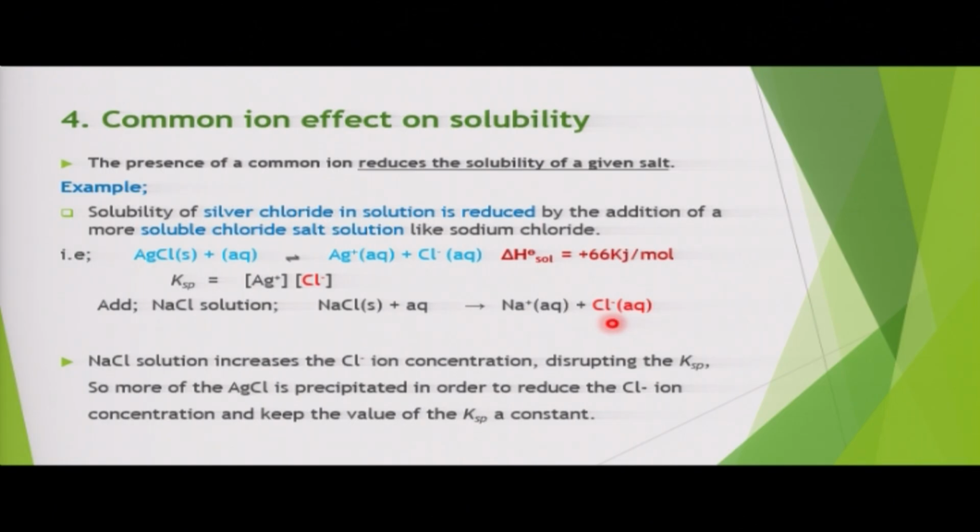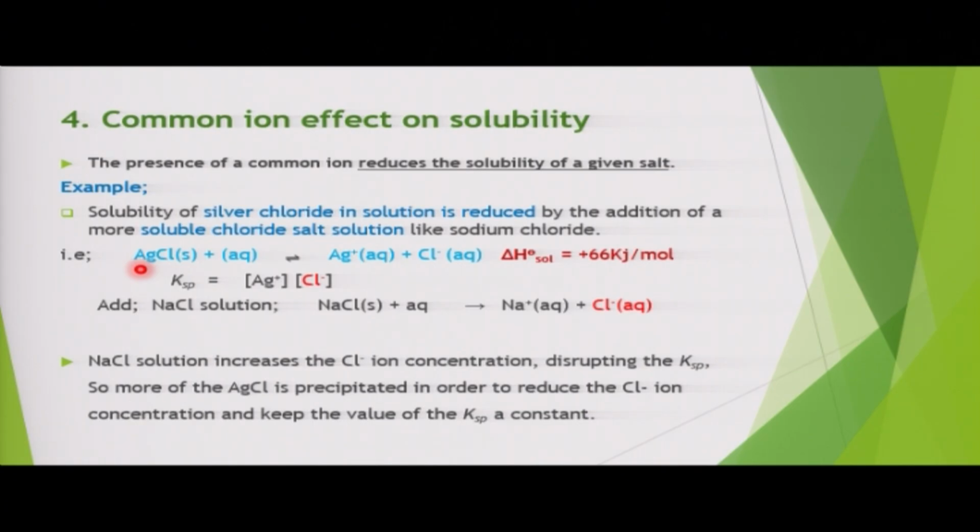So a point to note in this common ion effect is to reduce the solubility, you need to add a salt which is more soluble than that sparingly soluble salt. Example, sodium chloride is more soluble than silver chloride. So the solubility will terribly reduce.